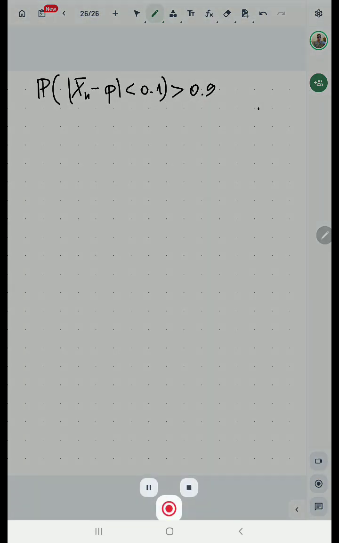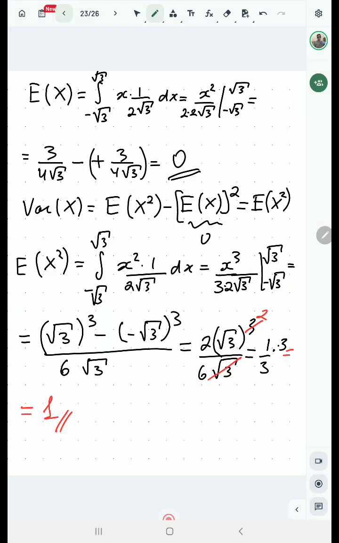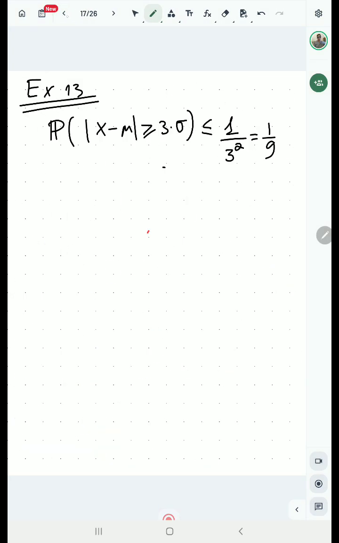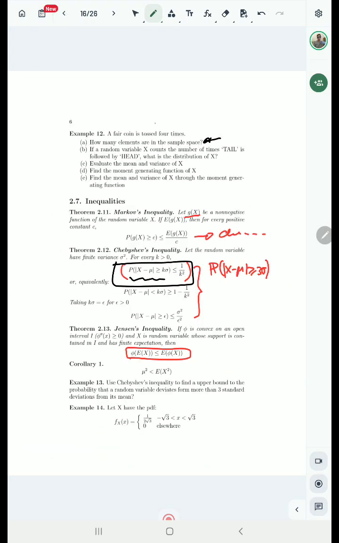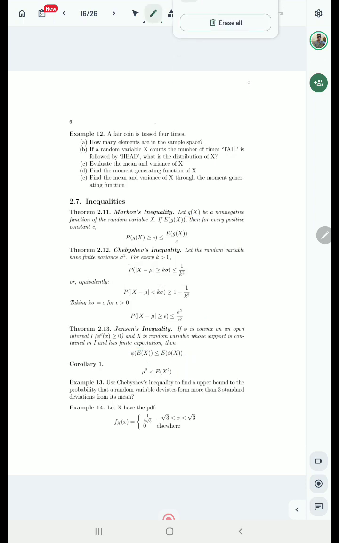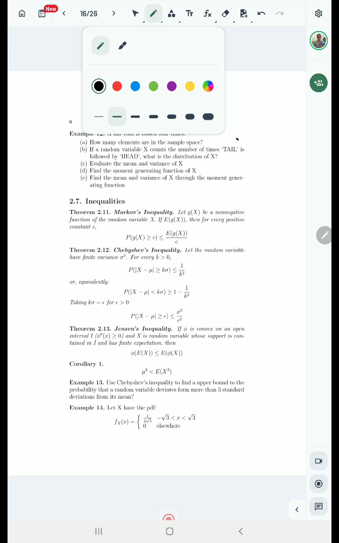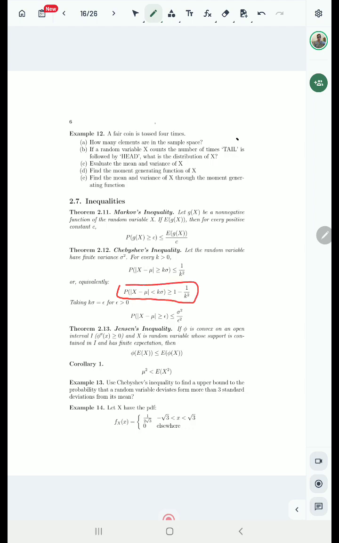So let's go back and look at Chebyshev's formula. Yeah, we have Chebyshev's formula. Now we're going to use this relationship. In this case, we're going to use the second inequality, because here we are interested in the case where the probability of the absolute value is less than something, right? So let me rewrite it.